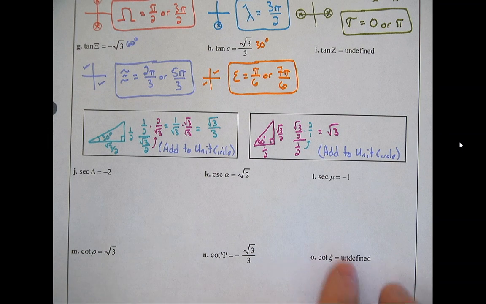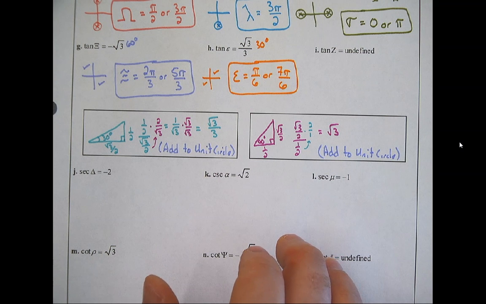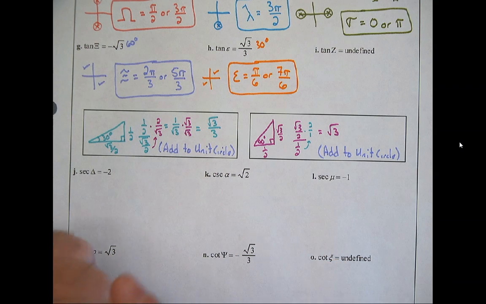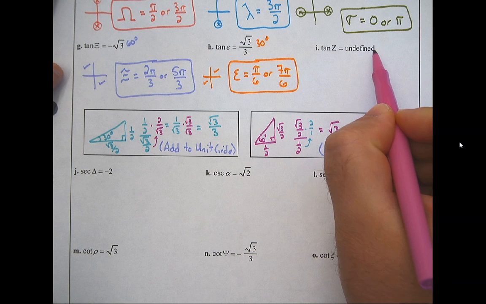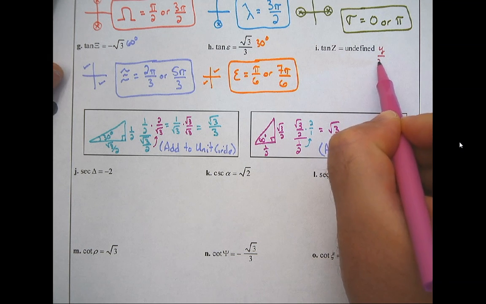And then last, before we get into the reciprocal trigs, tangent of zeta is undefined. So we have to first think about what would that look like? Well, first of all, what do we know about tangent? Tangent is the same as y over x.